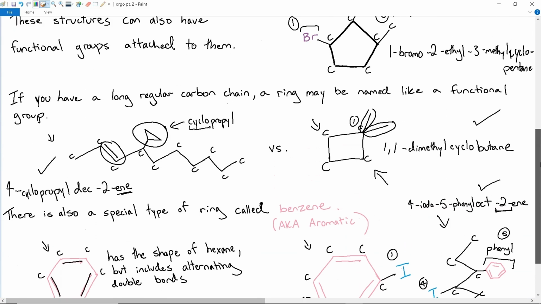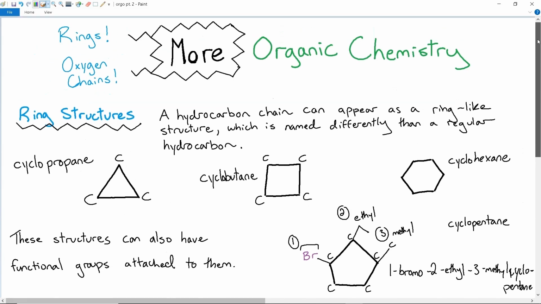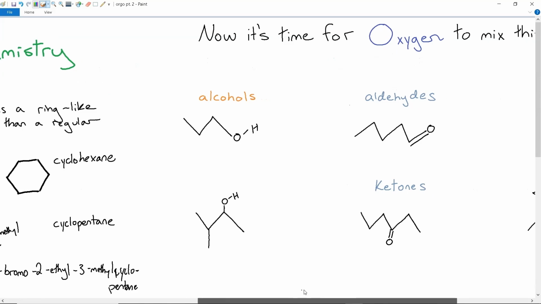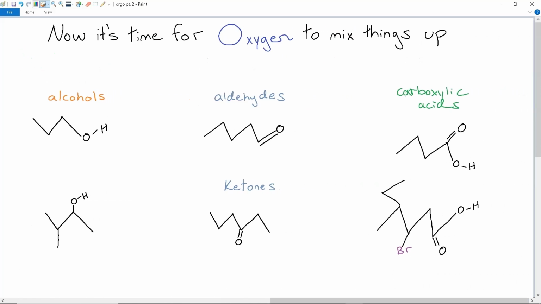All right, that's enough for ring structures for right now. Let's move on to some oxygen groups. So a lot of students in organic chemistry get overwhelmed with the number of oxygen variants that you're going to see in organic compounds.